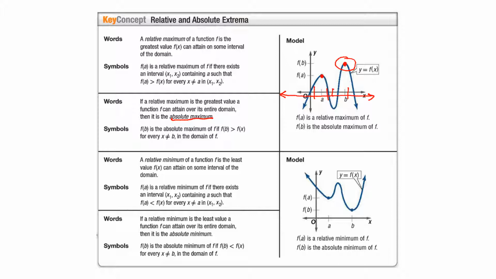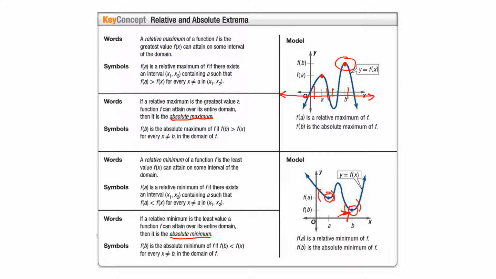And then we can do the same with minimums. A relative minimum is a lowest point it can attain in a certain interval. But the absolute minimum is the value where f of x is always smaller than every other value as long as x does not equal that value.